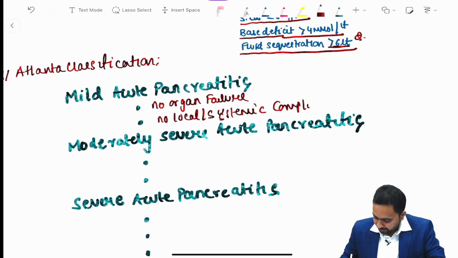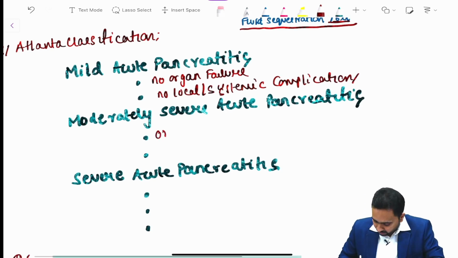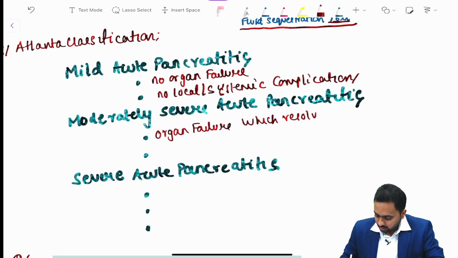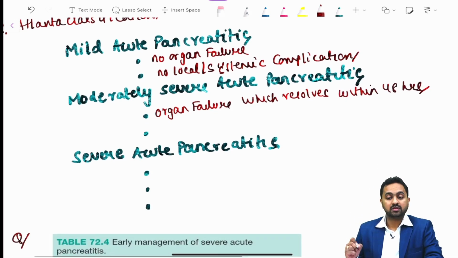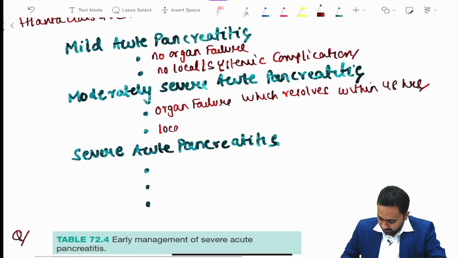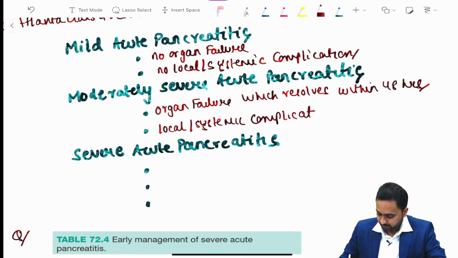Now, what happens in moderately severe acute pancreatitis? There is organ failure which resolves within 48 hours, so it is not a persisting organ failure, and then there may be local or systemic complications without organ failure, right.